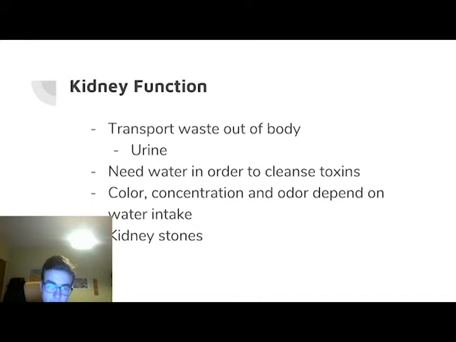And another very important thing water is responsible for is our kidney function. The kidneys transport waste out of our body in the form of urine, and in order to do that, we need water for them to cleanse toxins.